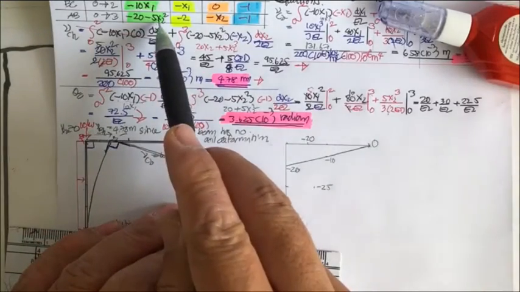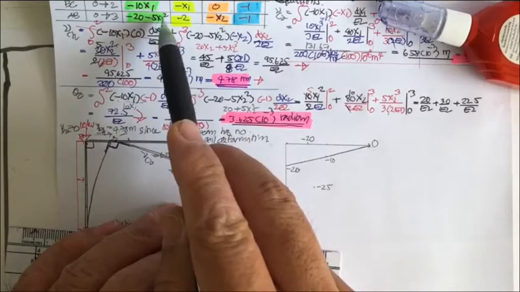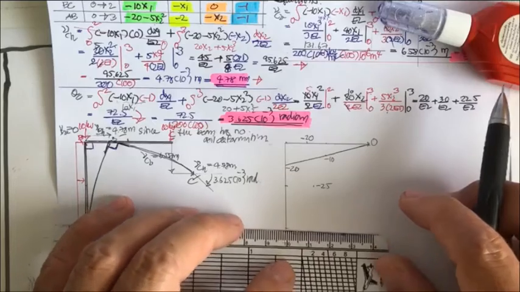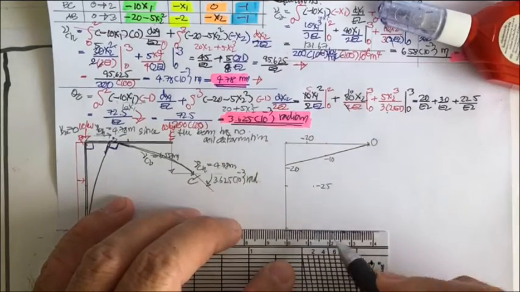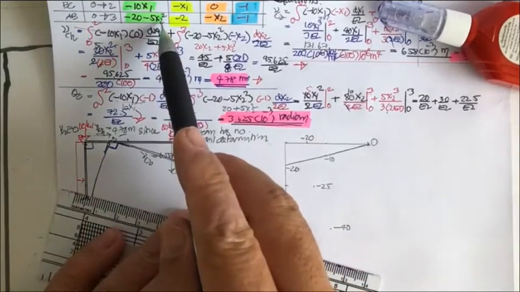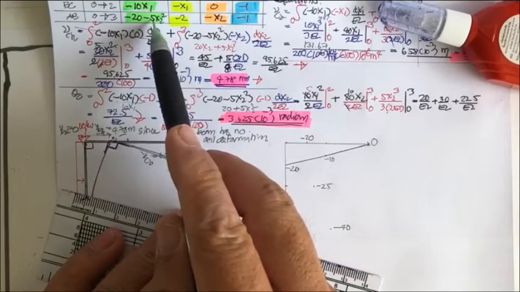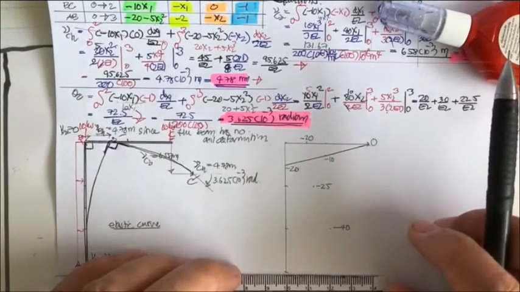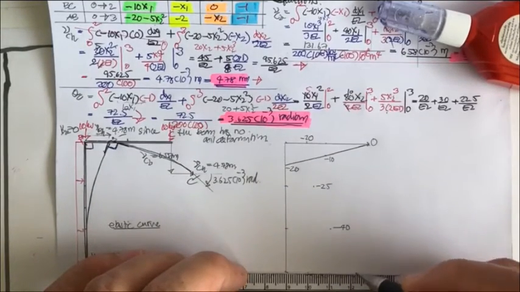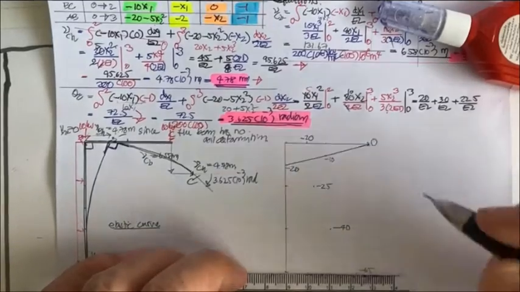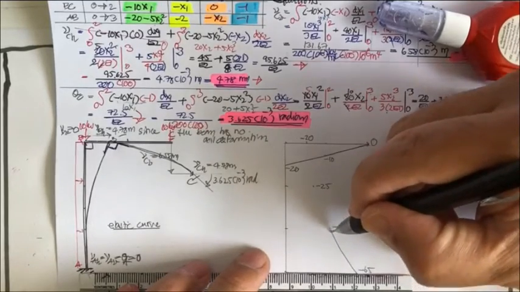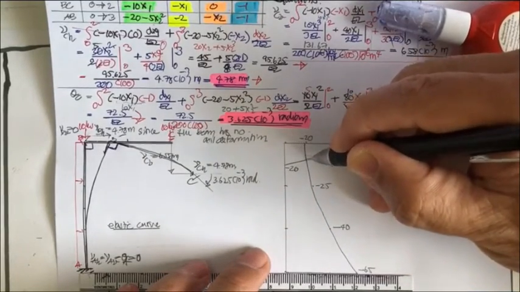If it's 2, it's going to be 5 times 2 squared, that is 20, so minus 20 and minus 20 makes minus 40. And if it's 3, that is 9 times 5, 45, and then it's going to be minus 65. So you can draw the moment diagram of this frame like this.